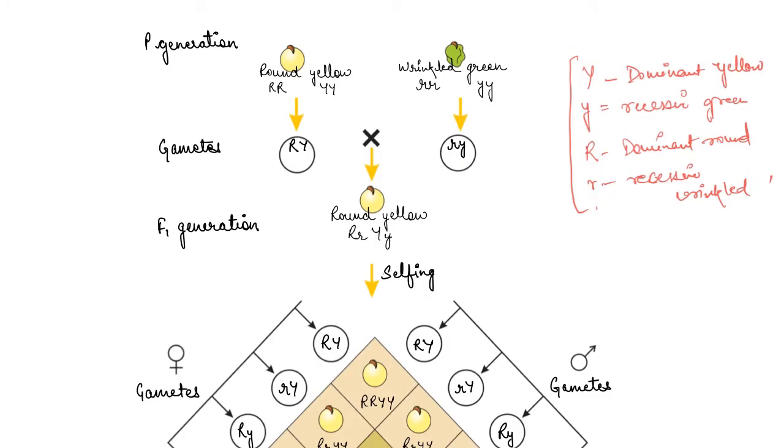Now when he crossed these, the first generation that he got was round and yellow as phenotype. If you see the genotype, it's all four alleles, so it will be R, R, Y, and Y. Since these are dominant ones, they will show the character, so that is why the phenotype is round and yellow.